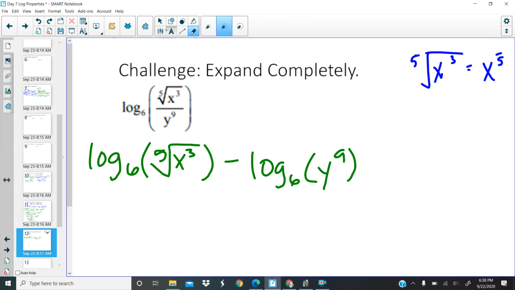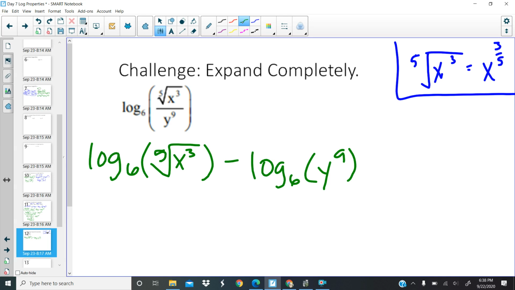So it's x cubed, and then the power would be times 1/5, so 3 times 1/5 gives you 3/5. That's something that you should have done in a different math class at some point, but I just wanted to review it real quick.